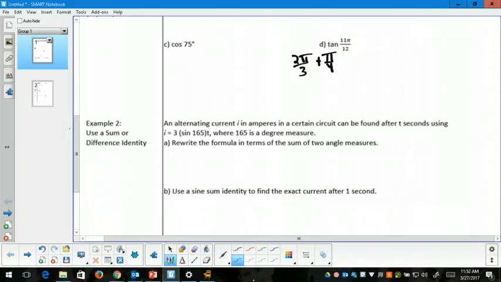There's a number of ways you could get there. You could also have done a subtraction. This is how I did it. That's what I'm going to do the tangent of. Because after all, this is 8 pi over 12 plus 3 pi over 12, which is 11 pi over 12.